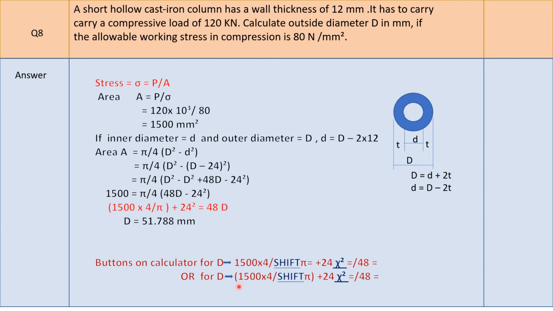Or you can press it like this: bracket open 1500 into 4 divided by shift pi bracket close plus 24 square is equal to divided by 48 is equal to, and you get this answer directly. You don't have to increase too many steps because it takes a lot of time, and sometimes when you increase the steps you make mistakes. The more the steps, the more the mistakes.